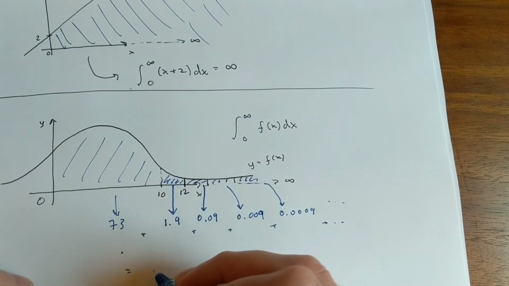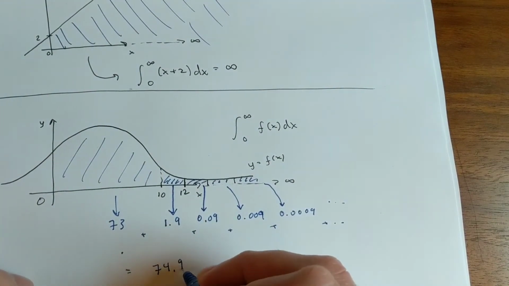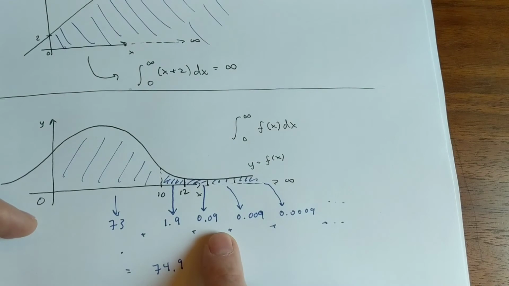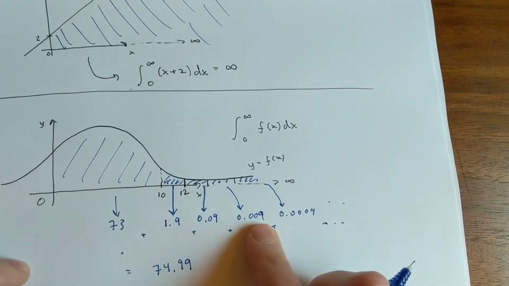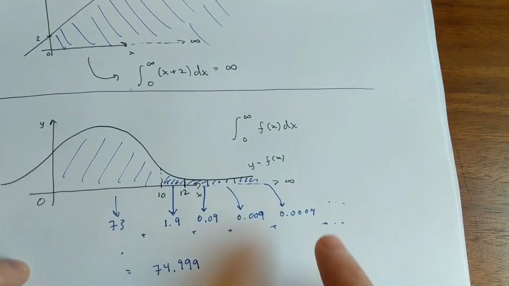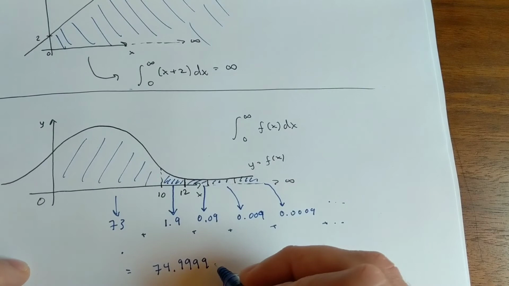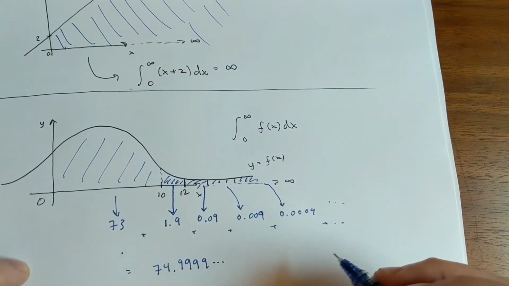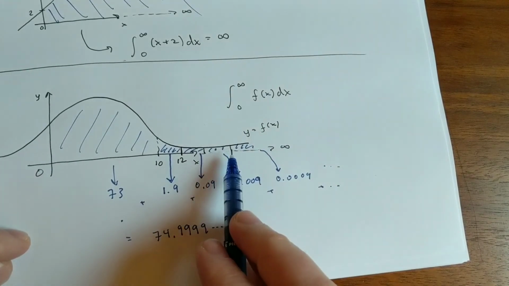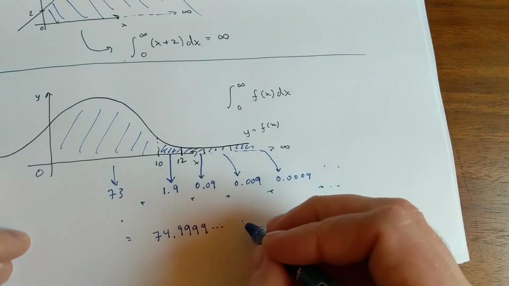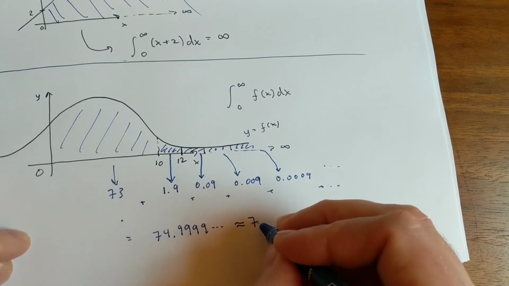It'd be like 73 plus this is 74.9. But then the next one has no decimal place that interacts with these places. So it's just adding another 9 to the end. And then the next one's just adding another 9 to the end. And the next one's just adding another 9 to the end, and so on and so on. And so we would say an area like this, since these areas are getting small enough as we go further and further out, would converge to the number 75.